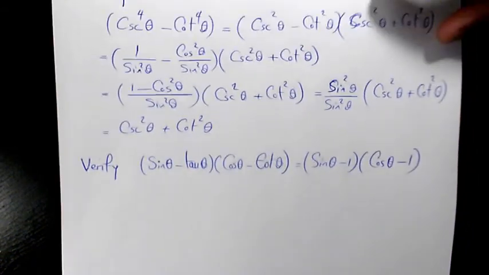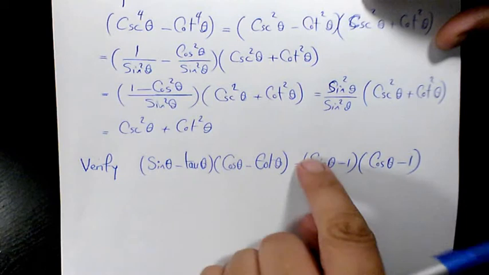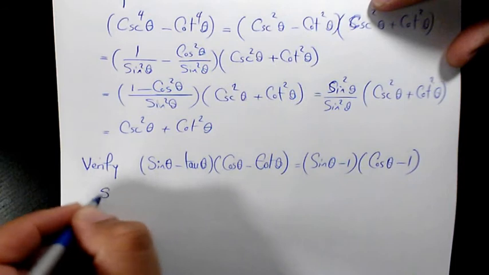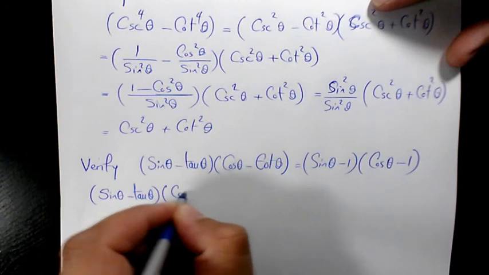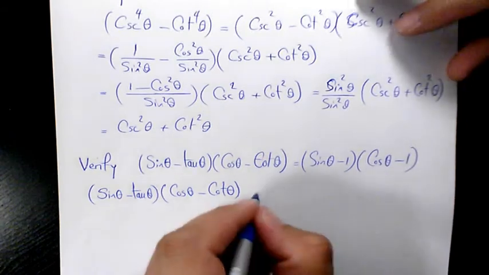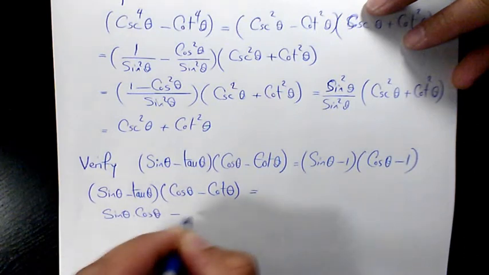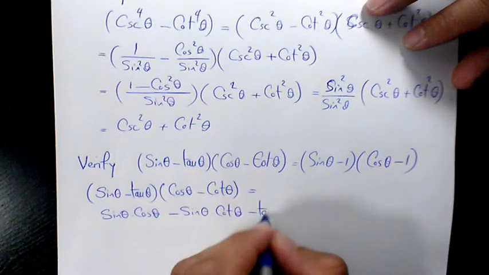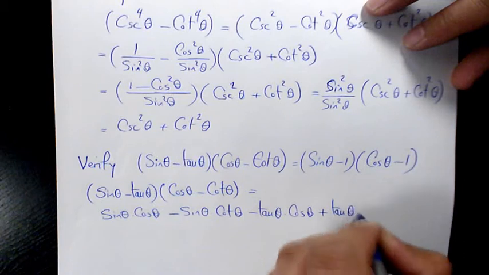So now in this example, sine theta minus tan theta times cosine theta minus cotan theta equals sine theta minus 1 times cosine theta minus 1. Let's distribute the left hand side. Sine theta minus tan theta multiplied by cosine theta minus cotan theta. So this is going to be sine theta times cosine theta, minus sine theta times cotan theta, minus tan theta times cosine theta, plus tan theta times cotan theta.